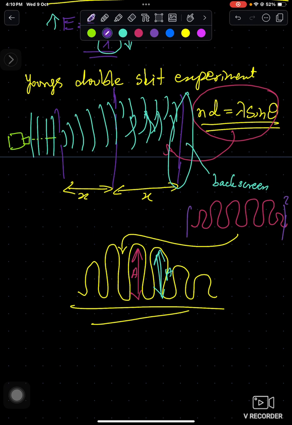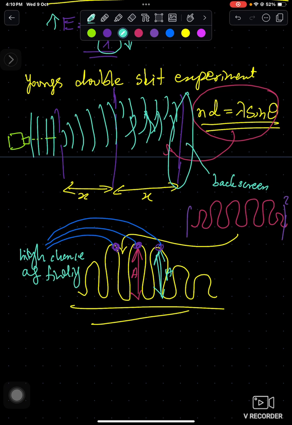And at these points there is a high chance of finding the electron.